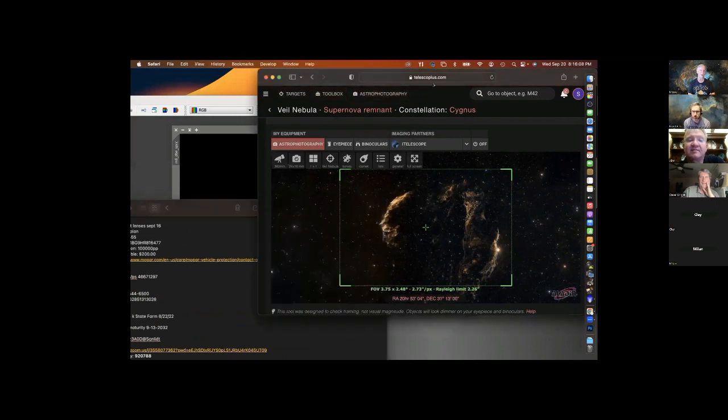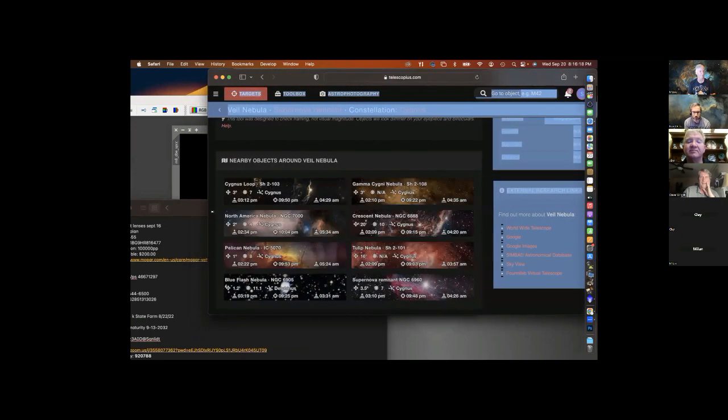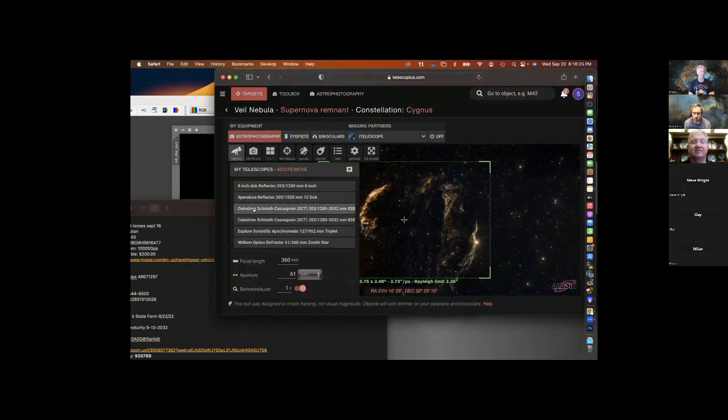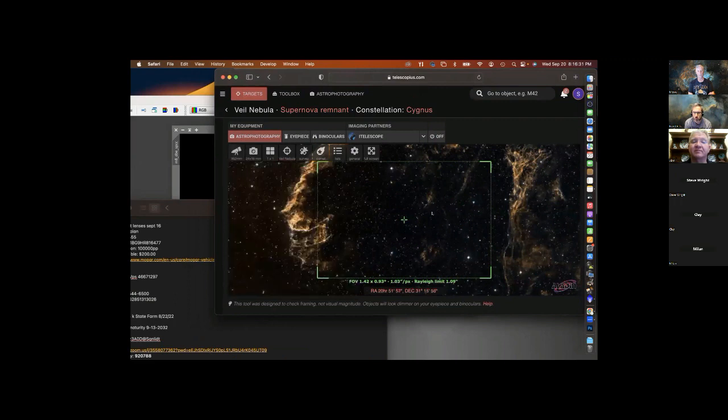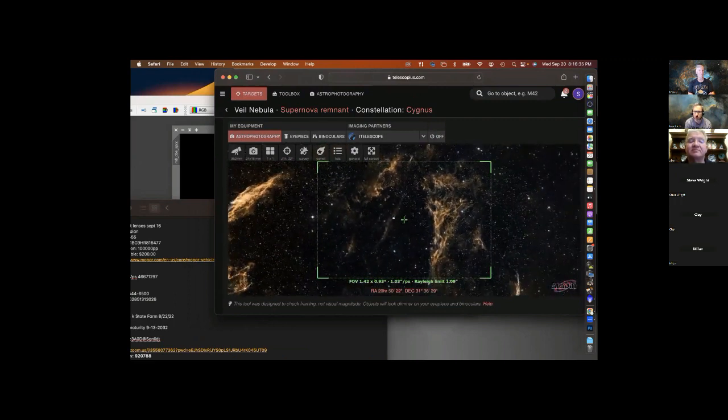It just caught my eye, and it's something that we all can do, even with my long focal length as well as all the telescopes in between. So here's wide, and let's do 127, which would be... there's something.